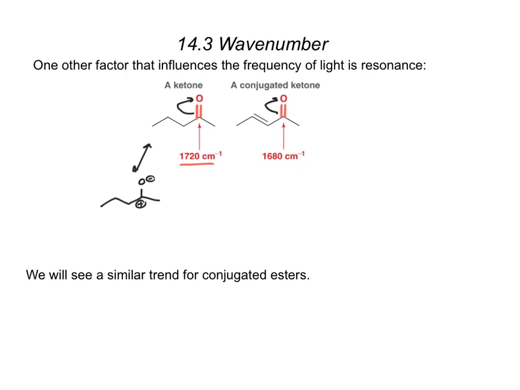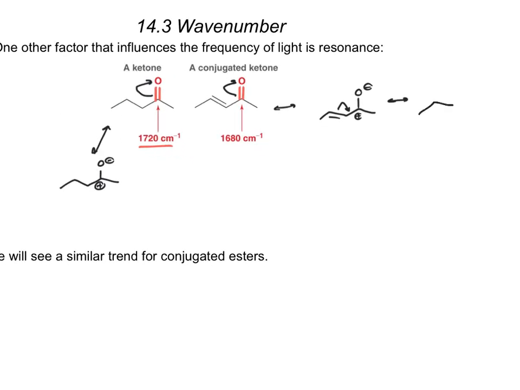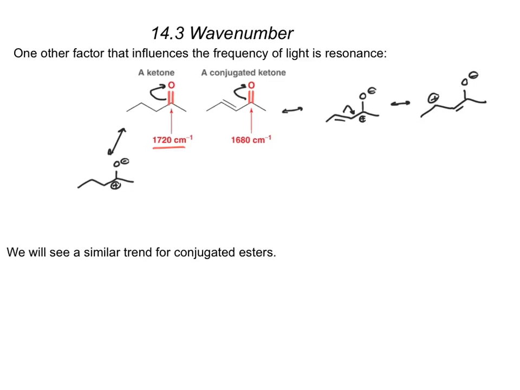So same thing we can start with. We'll give those electrons to that oxygen. We're going to be left with a negative here, a positive here, and a double bond here. Can I draw another resonance structure? Yes, right? So we can move these electrons to here, and we would be left with something that looks like this, negative and a positive, okay?